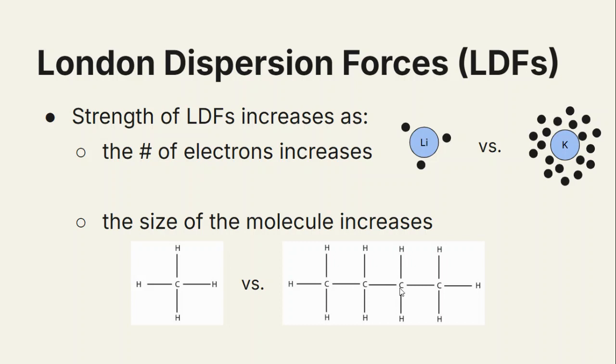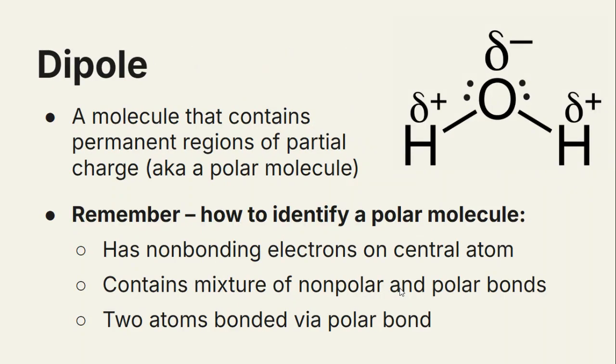So that is it for LDFs. Let's review something real quick before we get into the second type of IMF, and that is a dipole. A dipole is looking at a molecule that contains permanent regions of partial charge, which we've been calling polar molecules.